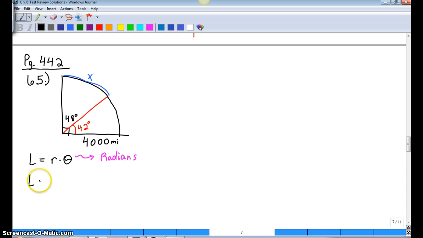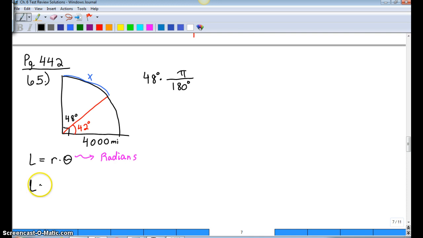So for our arc length, let's real quick come up here, 48 degrees. From our previous four problems, degrees to radians and radians to degrees, we know 48 degrees has to be multiplied by pi over 180 so that our degrees cancel.